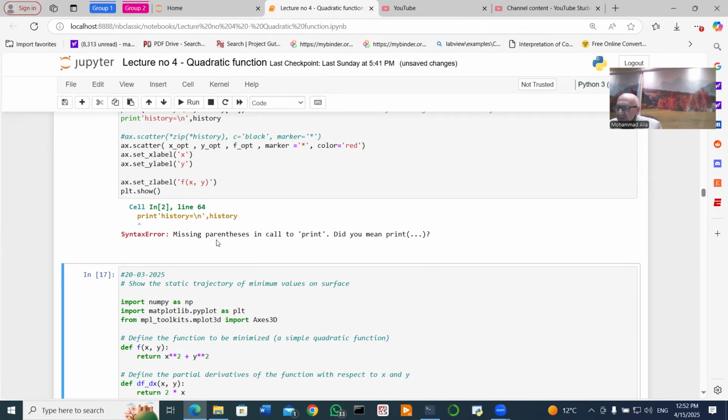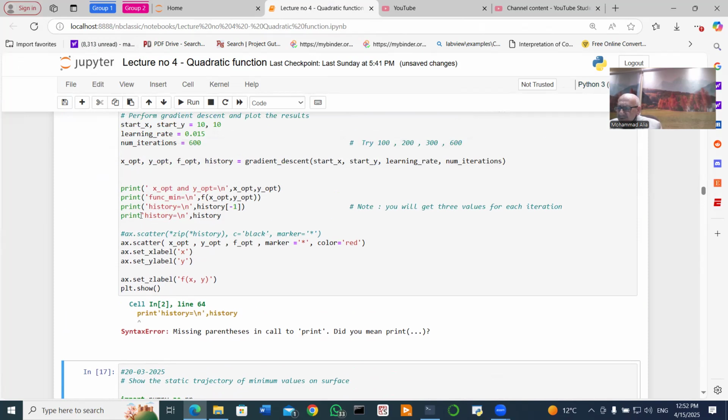Missing parentheses here. The print I have forgotten to put. Okay, and now let us run it again.